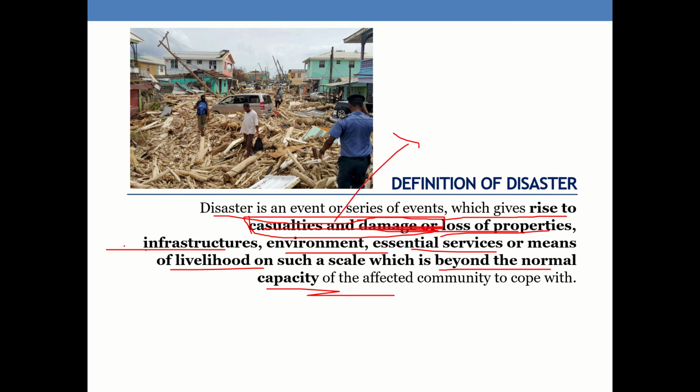In addition, because of disaster the infrastructure, environment and other essential services will be disturbed, and also means of livelihood. For example, the work we do, the means of earning, will get disturbed, and that will have implications on other aspects as well. This is something we should keep in mind.